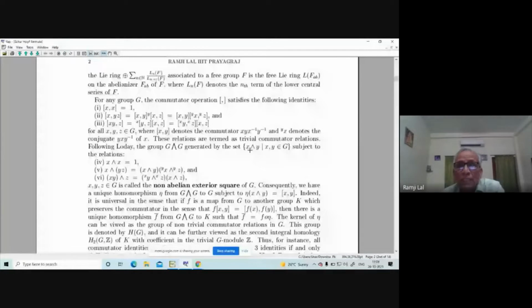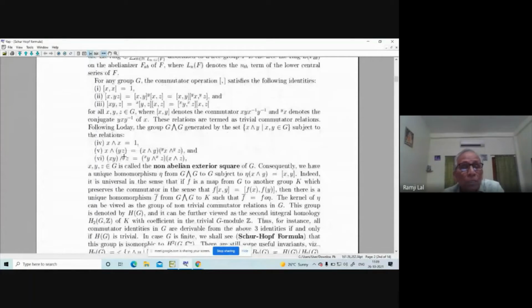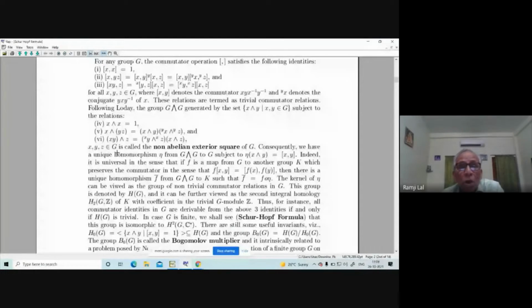So treat them as symbols subject to the relations x cap x equal to 1, and these relations which you see are similar to the first, second, and third for G. And he called this the non-abelian exterior square. You all are familiar with the exterior square of vector spaces, which is simply the universal exterior operation on vector spaces. So it is a generalization of that, you may say.